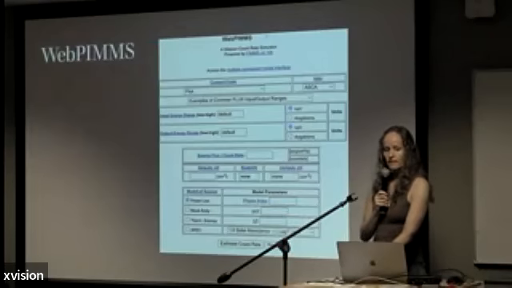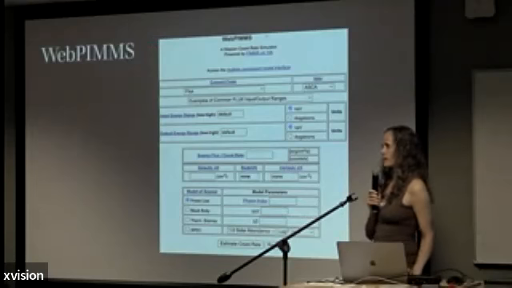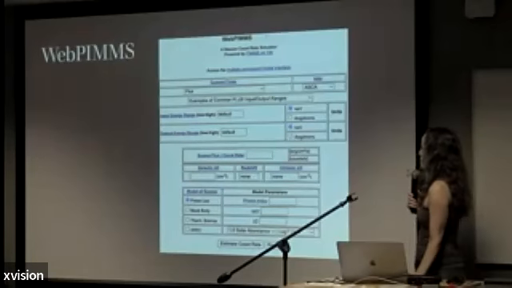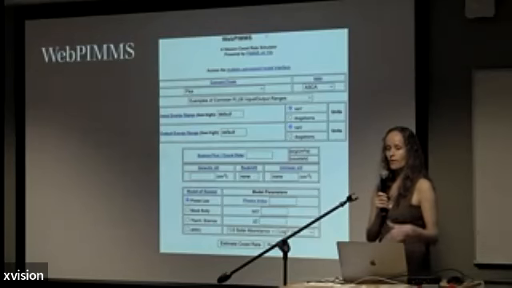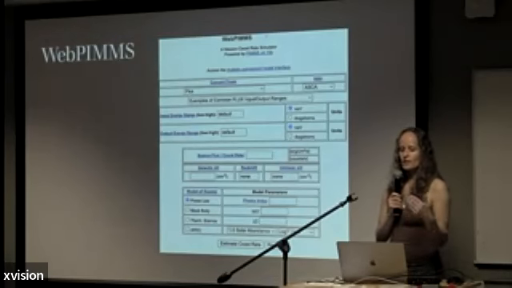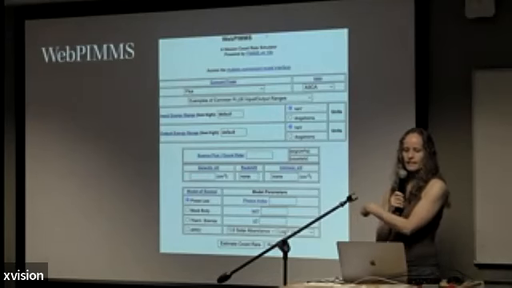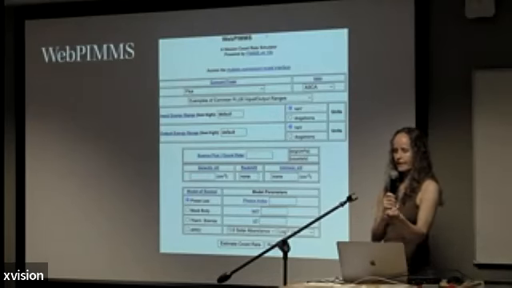Then there is WebPIMS, which just gives you a count rate. Count rate is often something that they require you to give in the proposal. They say, okay, what's your expected count rate? You have to take a flux that you have from your model, throw it into WebPIMS, get a count rate, and then write that in a header somewhere in the proposal.